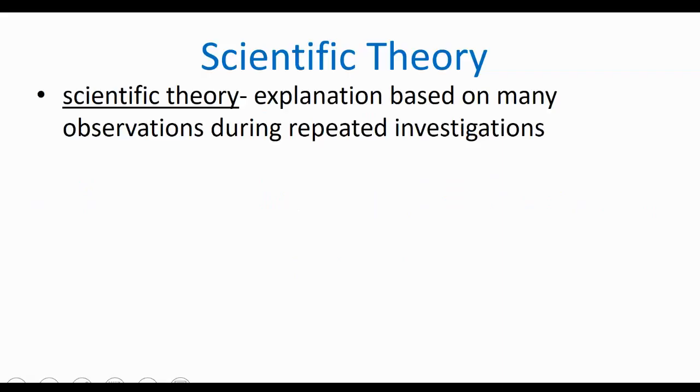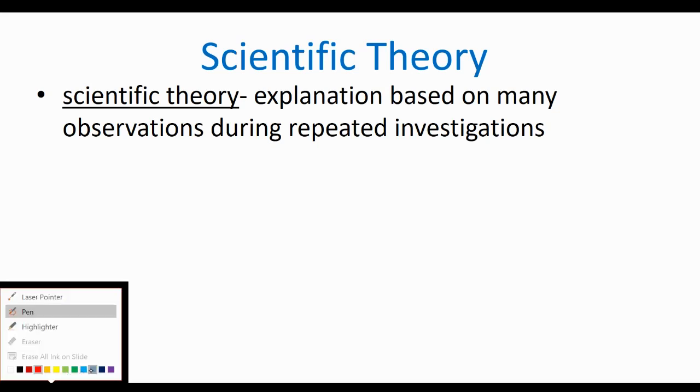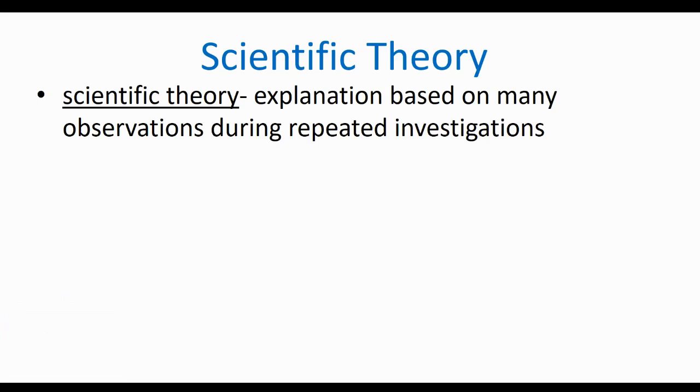A scientific theory is an explanation based on many observations during repeated investigations. So that means that there have been countless experiments that have backed up or helped construct the theory.